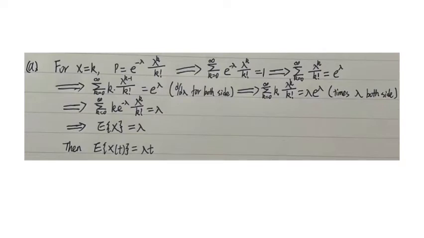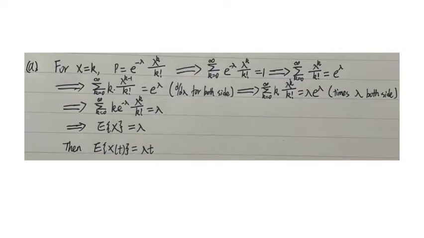For X equals k, P equals e to the negative lambda, lambda to the k divided by k factorial. Then we set the sum of e to the negative lambda, lambda to the k divided by k factorial equal to 1. We can get that the sum of lambda to the k divided by k factorial equals e to the lambda.